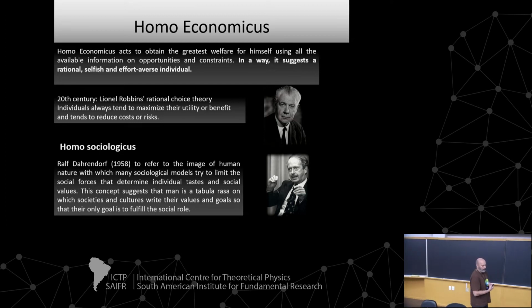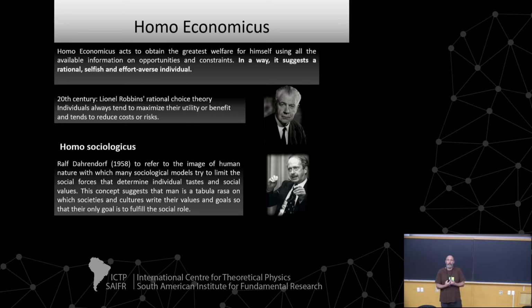There was a sociologist, Ralph Dahrendorf, I think he's still alive, who tried to somehow soften this concept of Homo economicus, which was really very hard. He defined the concept of Homo sociologicus, referring to the image of a human who is somehow affected by society and is modeled not only by individual decisions, but also by what this individual can learn or get from society.